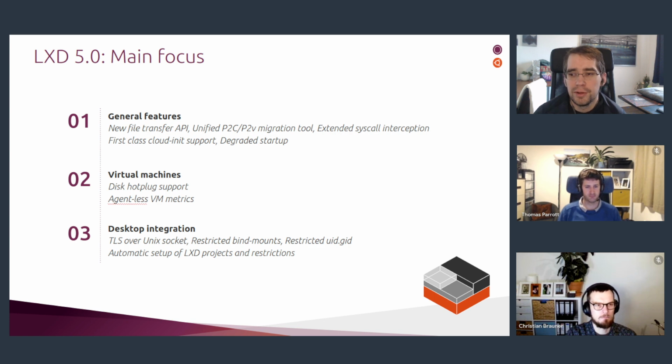And we'll also put in place the restricted bind mounts and UID, GID stuff that Tom can quickly talk about after. So we're putting together a pretty comprehensive project for that user.